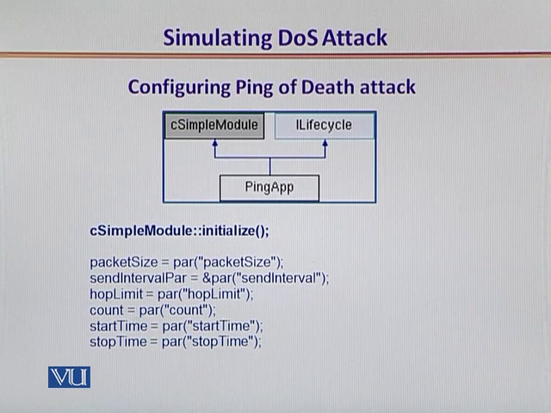So if you look at a simple ping application and modify the parameters in that ping application, such as if you change the packet size, the inter-packet transmission interval is reduced, the hop limit is indefinitely increased, and the total attack time is determined, the simple pinging becomes a ping of death attack.